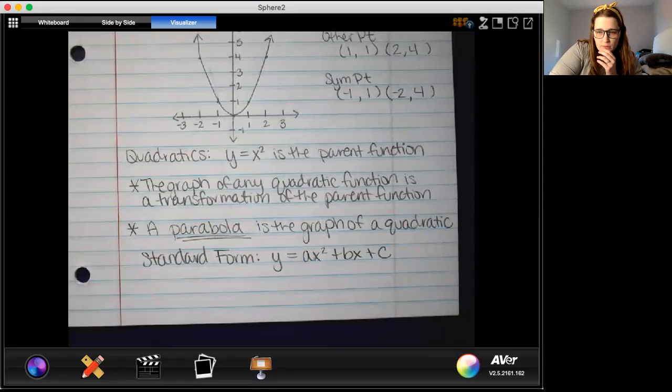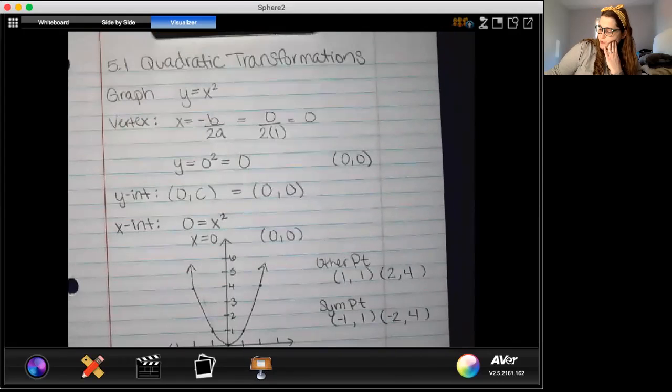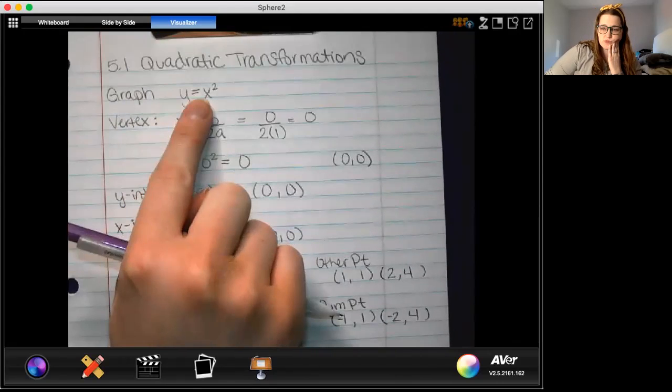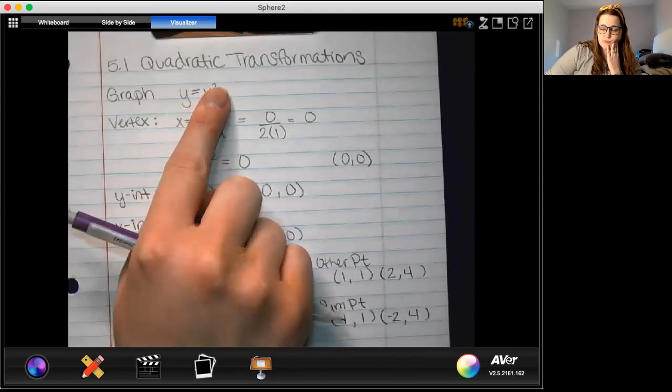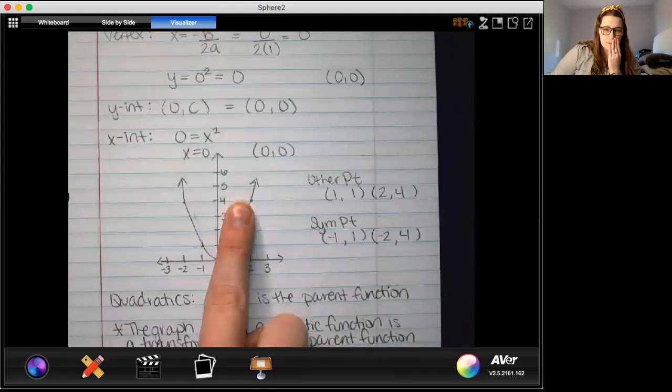Where did the 4 come from in the other point? We squared, so 2, substitute 2 into the equation. 2 squared is 4. So that's how we got 2, 4.